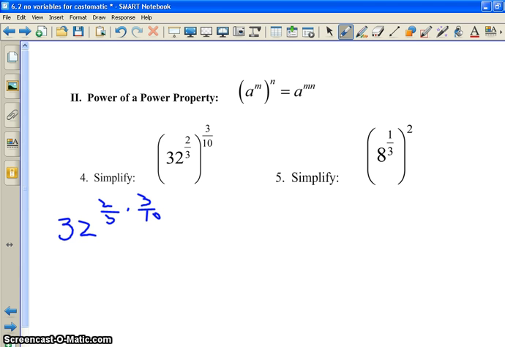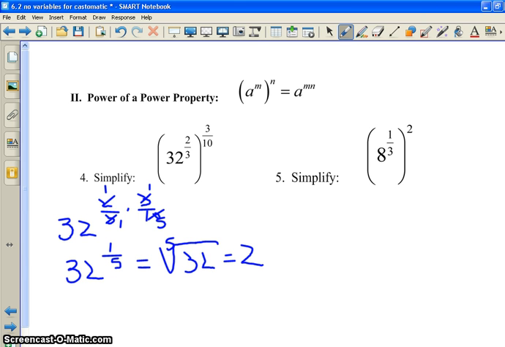Now again, I would go ahead and cancel, which would leave me with 32 multiplying numerators. 1 times 1 is 1. 1 times 5 is 5. So in exponential form we have 32 to the 1/5. In radical form we would have the 5th root of 32, which is just 2.